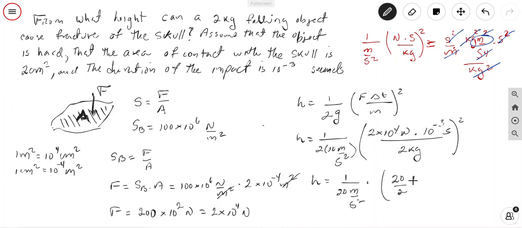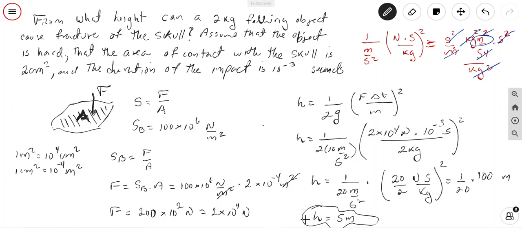We have newton seconds over kilograms, all this squared. So what happens now? We have 1 over 20 times 20 over 2, which is 10, times squared is 100. And this is meters, since we know the output unit is meter. So we have 100 over 20, so the height would be 5 meters.